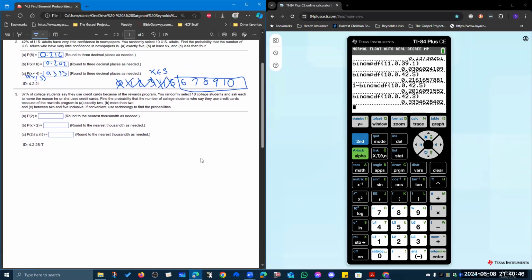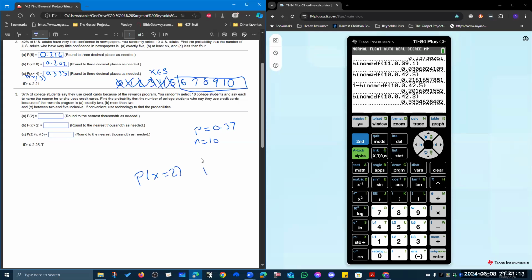Right. One more problem here. 37% of college students say that they use credit cards because of the rewards program. You randomly select 10 college students and ask each of them to name the reason he or she uses credit cards. Find the probability of the number of college students who say that they use credit cards because of the rewards program is exactly 2.